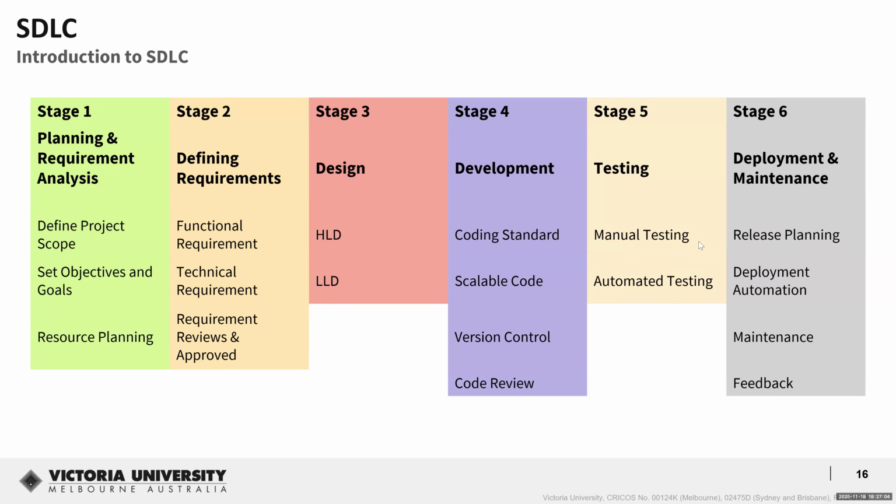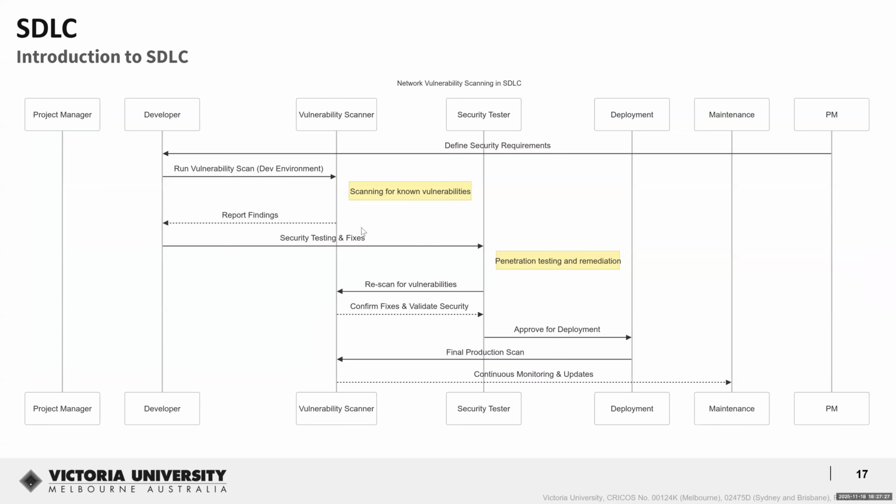Testing is manual testing, where a human goes and interacts with the system to make sure that it's working, or automated testing. And eventually deployment. If everything goes well, then in the next step the software can go live. If it's an update, it goes live. If it's a website, it comes up and is accessible to the public. Then maintenance and feedback.